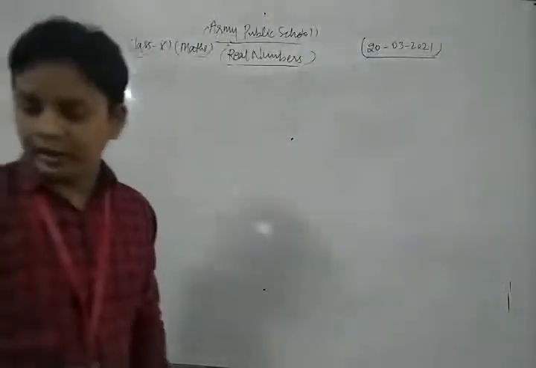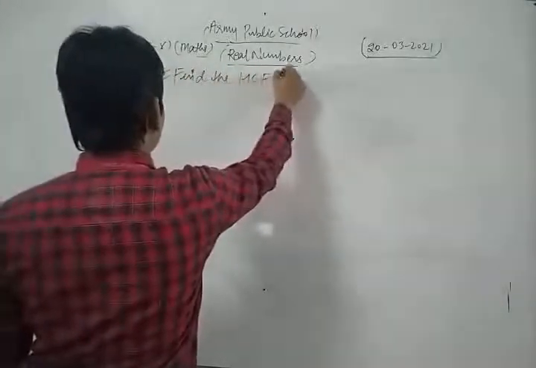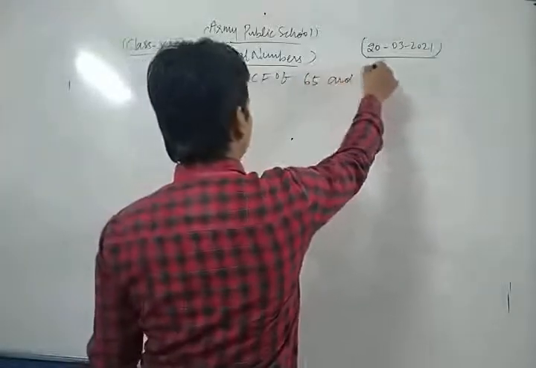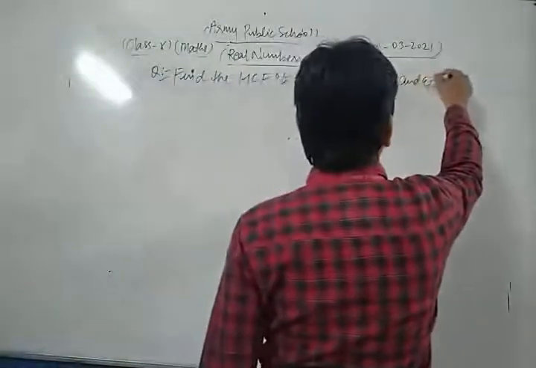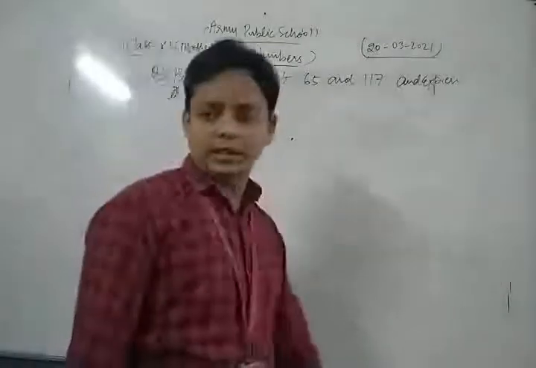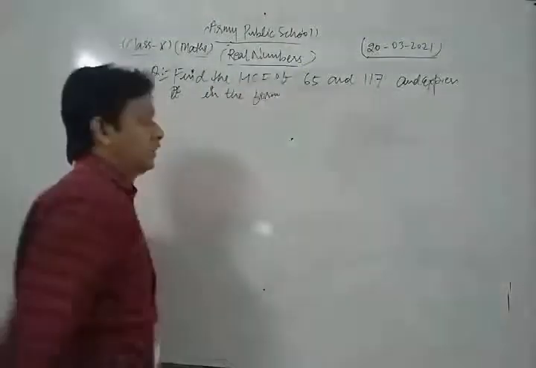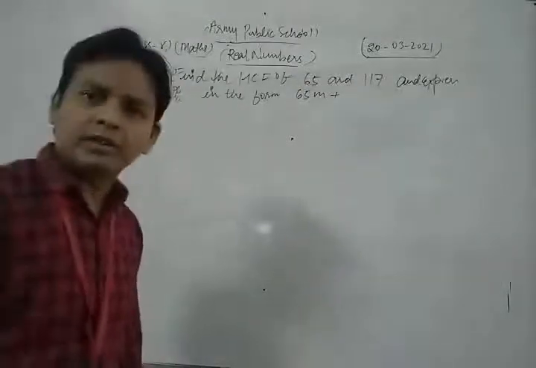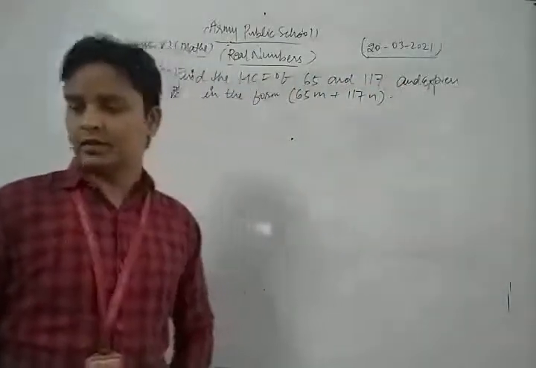Now let's see the question. Find the HCF of 65 and 117 and express it in the form 65m plus 117n.